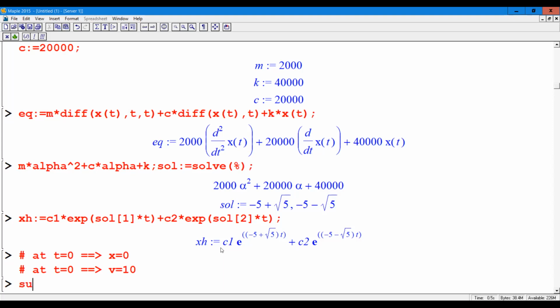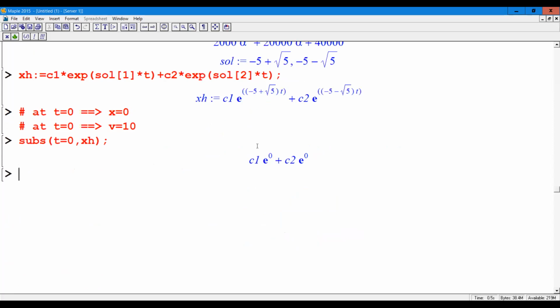So we can substitute t equal to 0 into the homogeneous response. If you substitute t equal to 0 here, you can see it will be C1 times exponential 0, which is 1. If we simplify this, it is C1 plus C2.